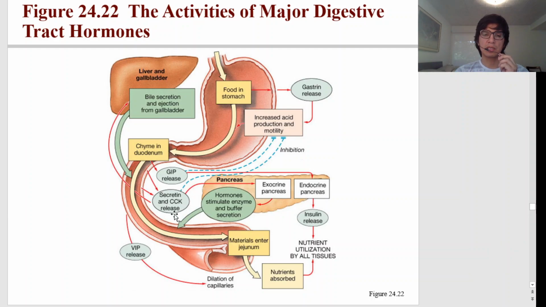It also secretes cholecystokinin, which is going to induce the pancreas to release all of these buffers and hormones that aid in the digestion of food and are released into the duodenum.